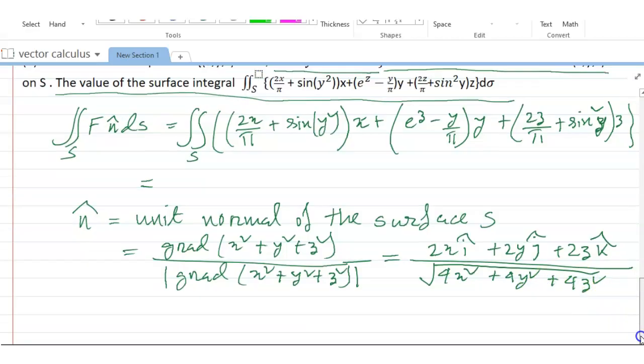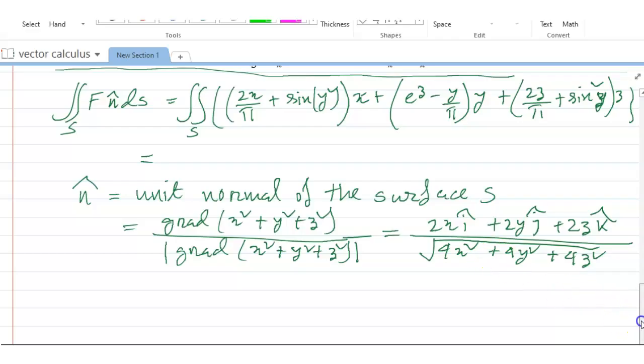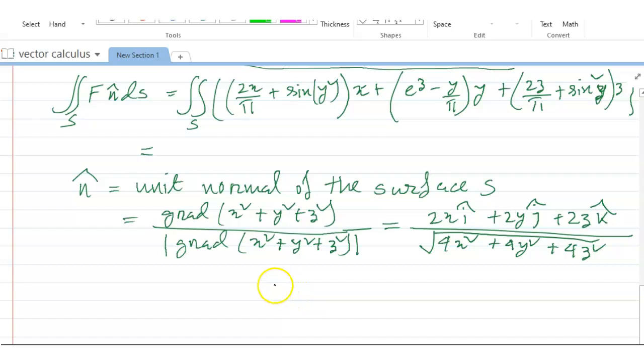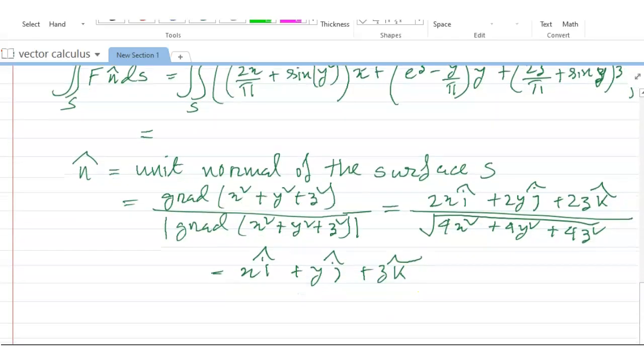Since x square plus y square plus z square equals to 1, we get xi plus yj plus zk. This is the unit normal of the surface S.